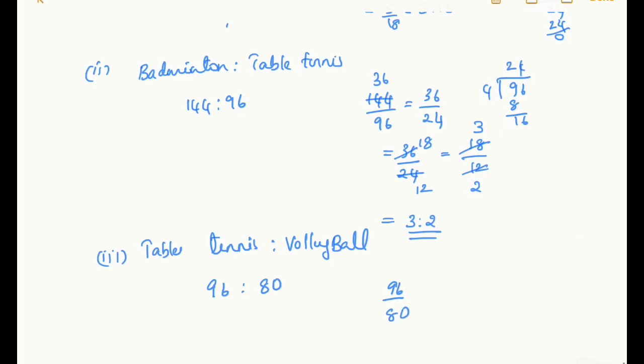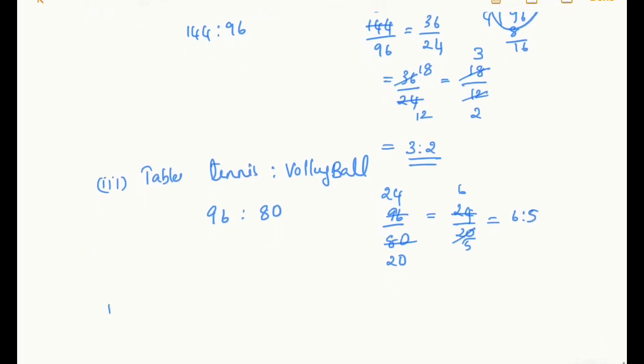So again 96 by 80. 96 divided by 4, we found it as 24, right? 80 divided by 4, that is 20. 8 divided by 4 is 2, right? So 24 by 20 you have. 4 goes 6 times, 4 goes 5 times. So you'll get 6:5.